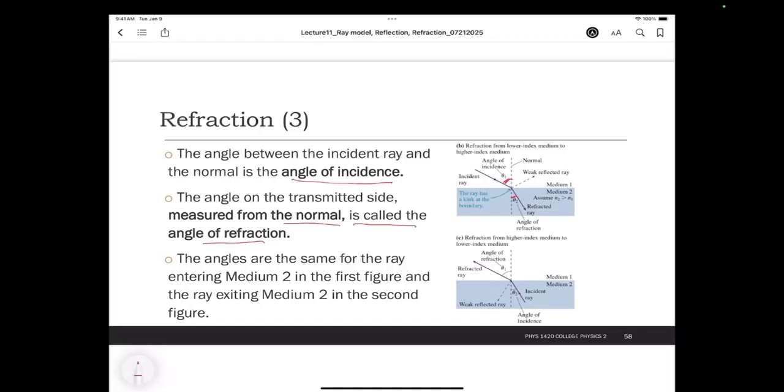This means this angle, for the ray entering this medium, equals this angle, for the ray exiting this medium too. Those two are the same angle value.